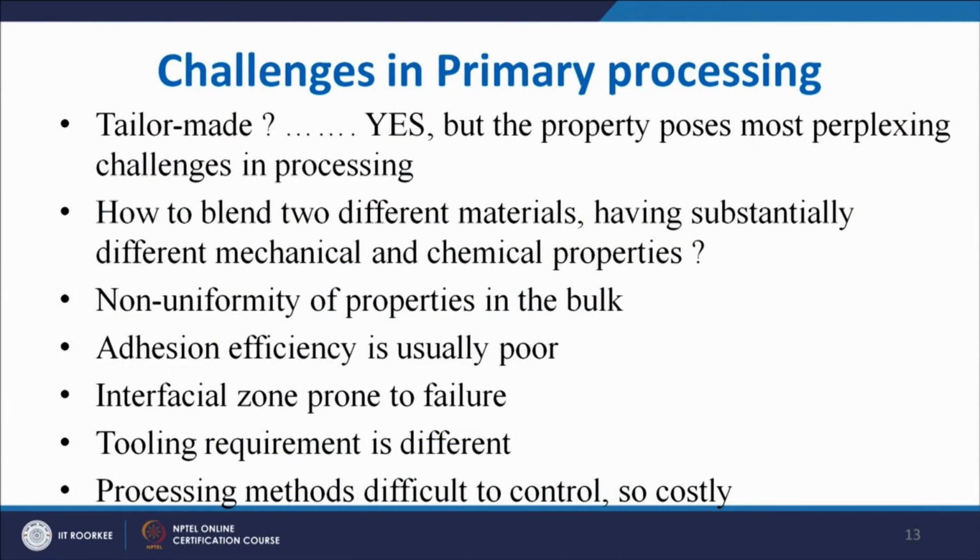So first is tailor-made. Tailor-made means the properties are designed by the designer. We can choose our fiber and polymer accordingly, but for processing, we have seen the general mechanism of processing of different types of fibers and polymers.